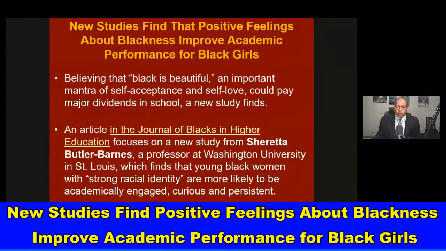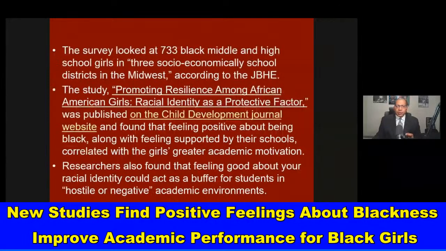focuses on a new study from Sharita Butler Barnes, a professor at Washington University in St. Louis, which finds that young Black women with strong racial identity are more likely to be academically engaged, curious, and persistent.